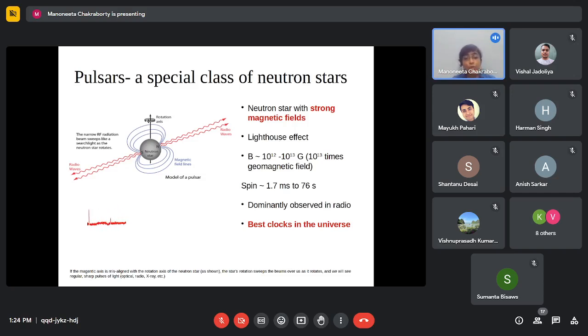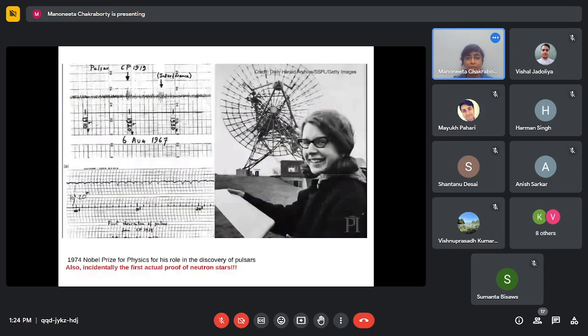These objects are dominantly observed in radio, and they can be one of the best clocks because the period with which they rotate and send this blip of signals is very accurate. Here you can see a steady train of blips from a particular pulsar. They are so accurate that they can be used as a clock to measure various exciting things in the universe.